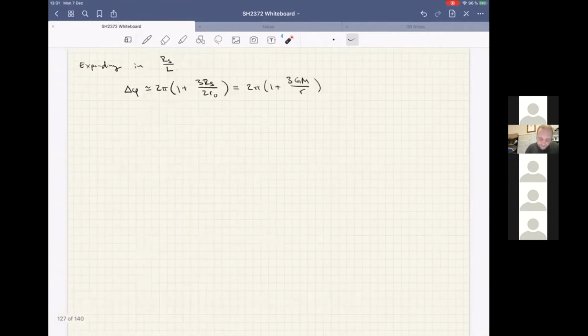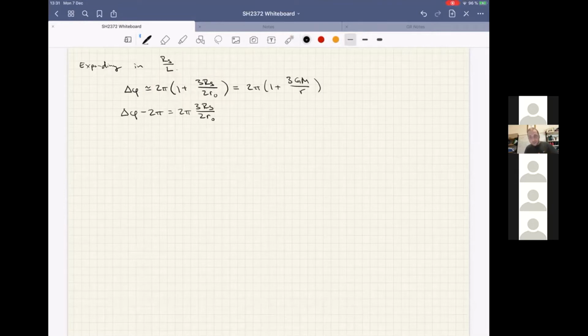But the point is, in the Newtonian case, this was exactly 2 pi because the orbit closed. Now instead, for every orbit that you make, you have an additional angle, delta phi minus 2 pi. That's the additional angle that you make every period in r. That's 2 pi times 3 rs divided by 2 r0.